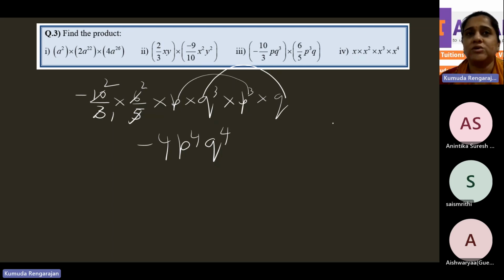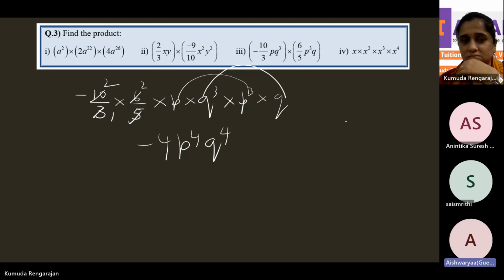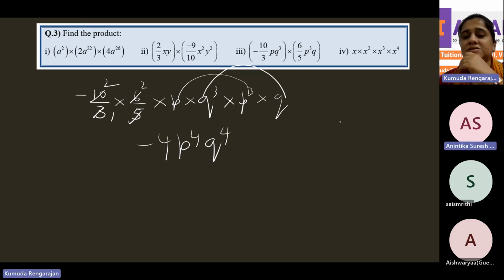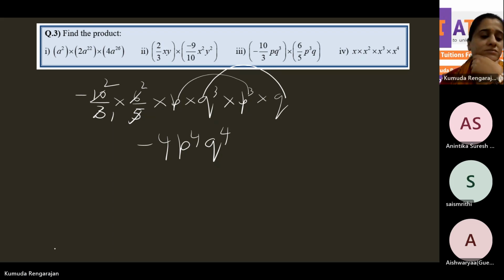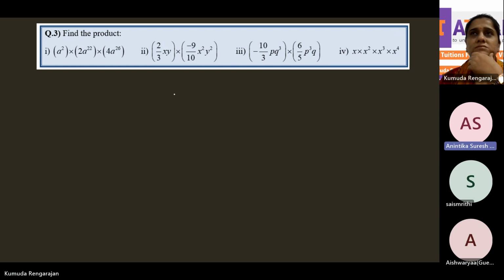What's the answer for the last one, online students? It's x to the power 10. Anantika? You're not there, Anantika? Ma'am, I'm here. Yeah, answer for the last one. Can you repeat? Your voice wasn't clear. Since when is my voice not clear? It's cutting at the moment.